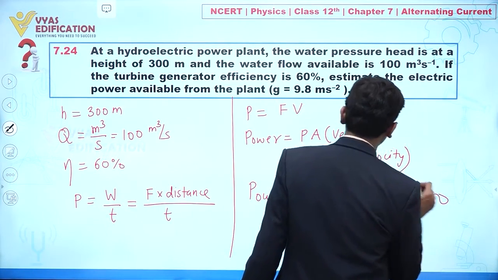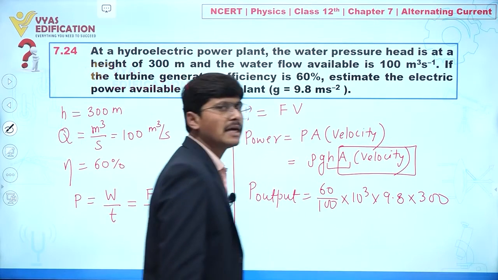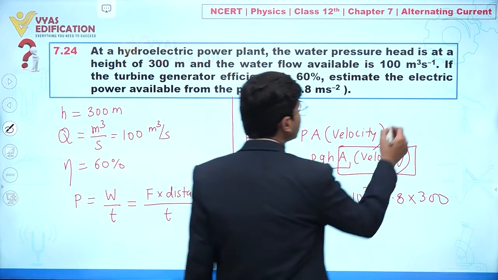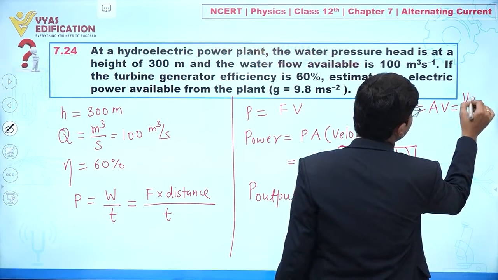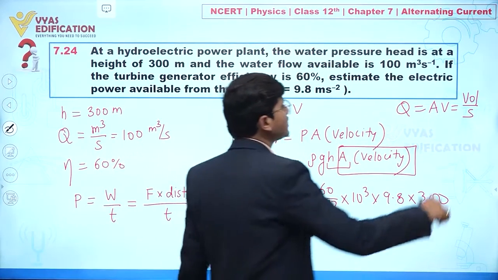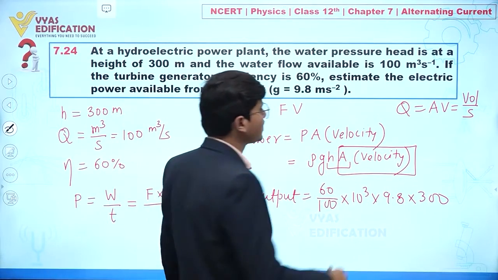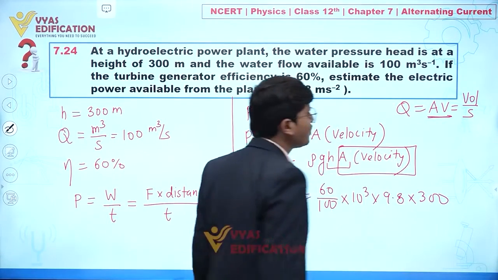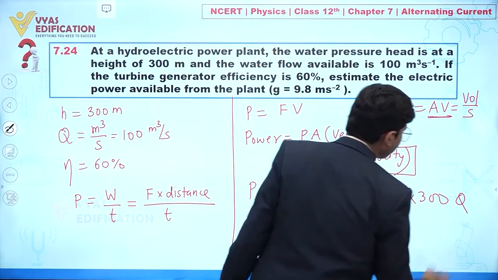Now listen very carefully, what do you understand by area multiply velocity? Area multiply velocity is equal to Q. How can we say? It is given by volume per unit time. Volume is area multiply distance, upon time, which is equal to area into velocity. So directly area into velocity is equal to Q. So this is multiplied with Q.